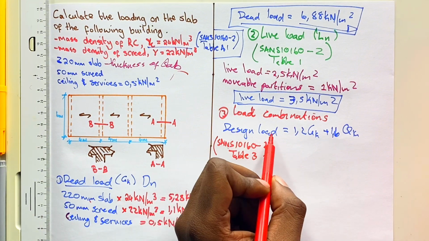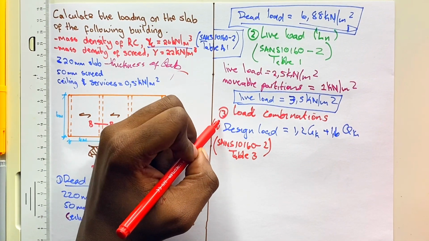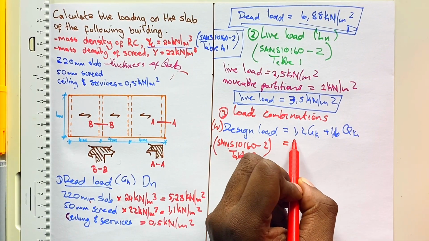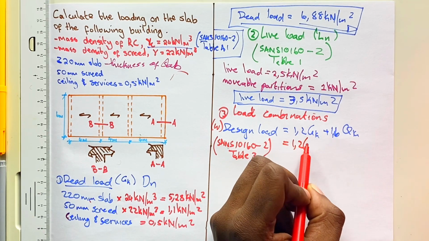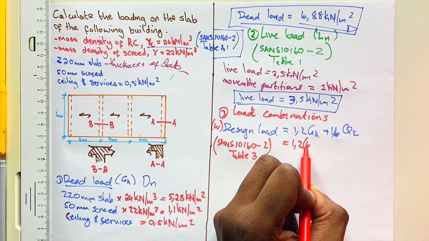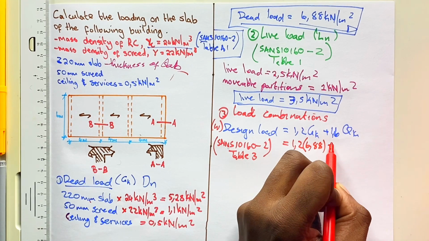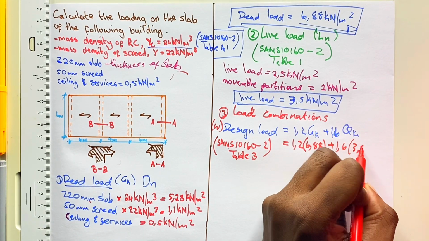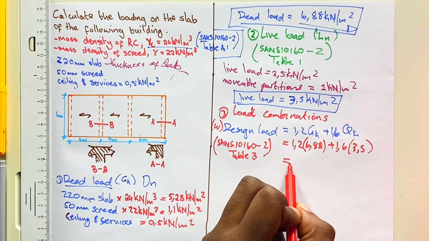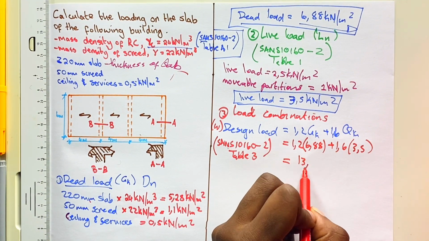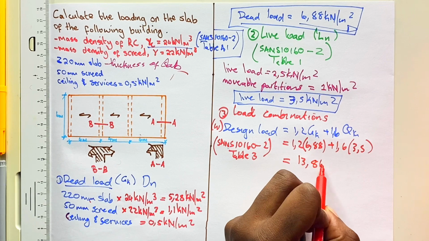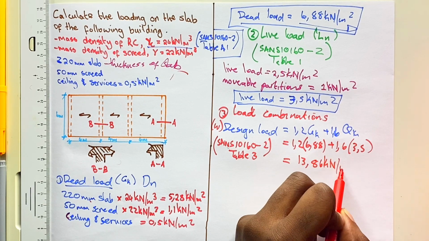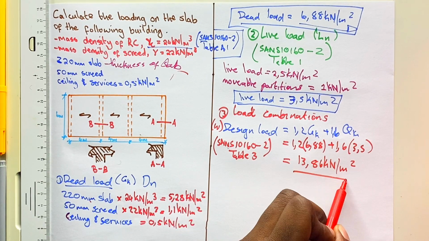Now, my design load, I can denote it by W. Now, it is going to be 1.2 multiplied by my dead load, which is 6.88, plus 1.6 multiplied by my live load, which is 3.5. And this will give me 13.86 kilonewtons per meter squared.